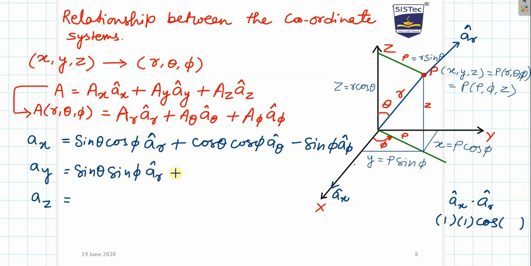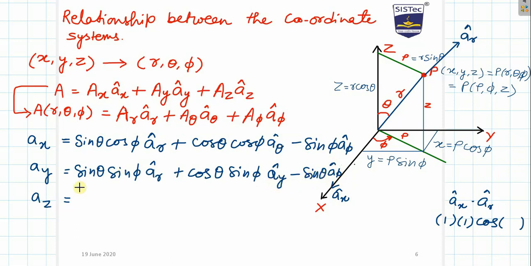Similarly we can proceed. This is your cos theta, sin phi, and A theta, and then minus sin phi A phi.